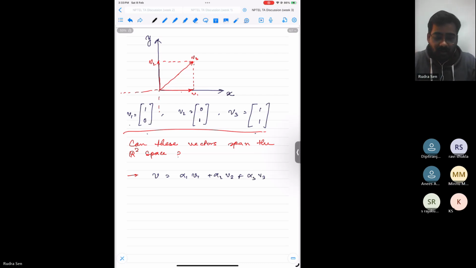But is this vector really necessary to span the space? Can anyone answer this? Is this V3 vector really necessary to span the space?